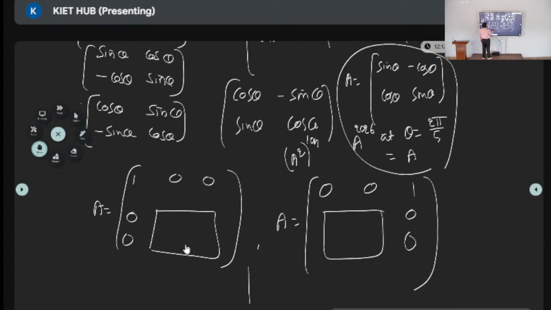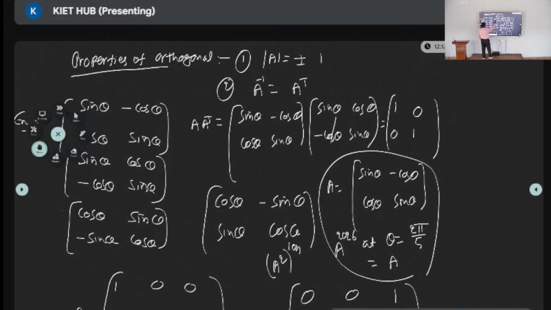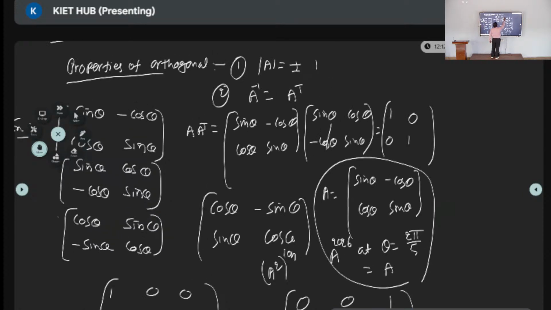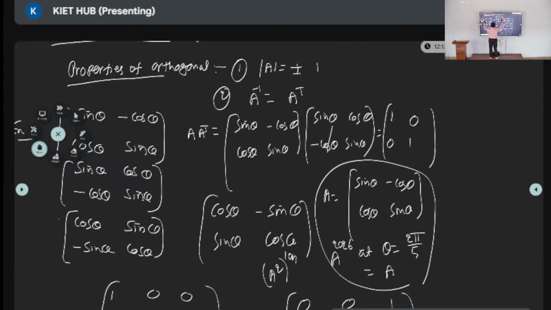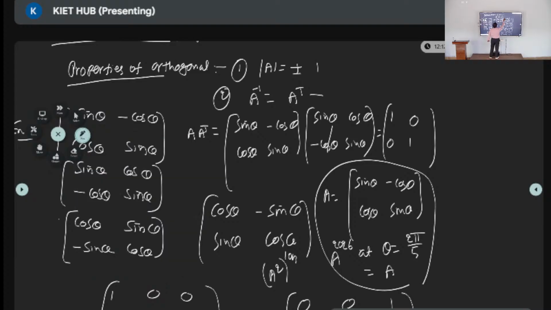See, properties of orthogonal, if you are observing, this is a directly previous GATE bit. A transpose equals A inverse.